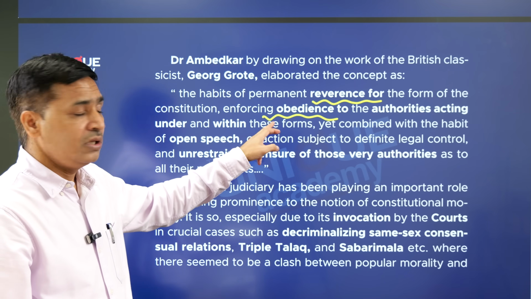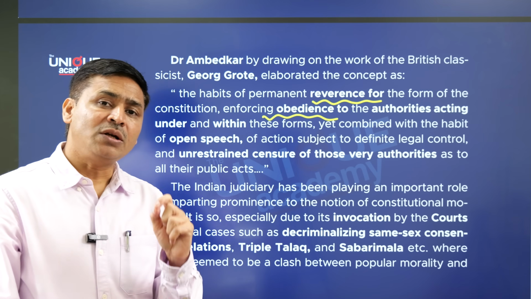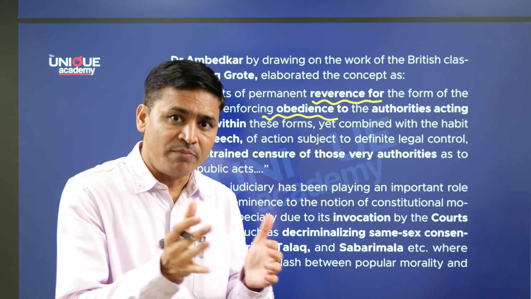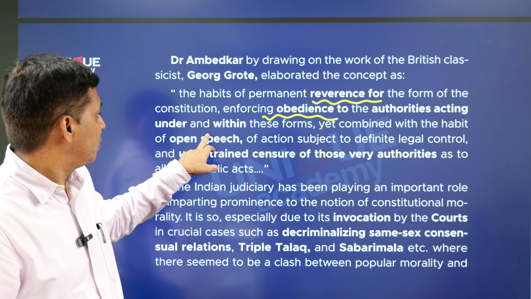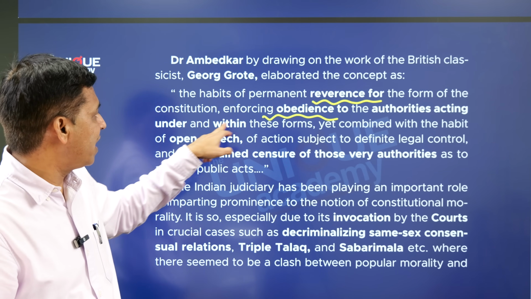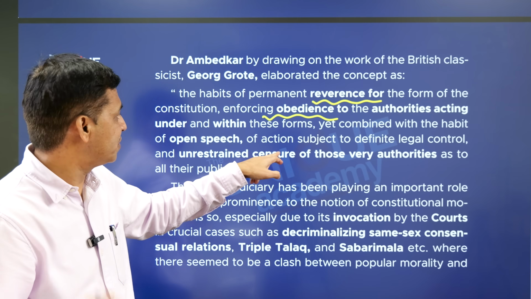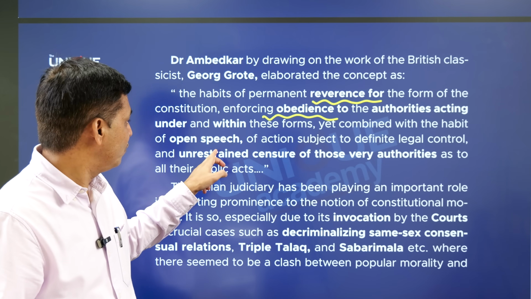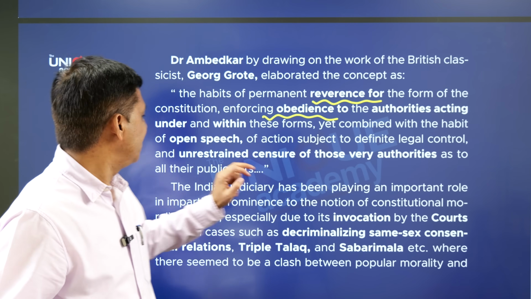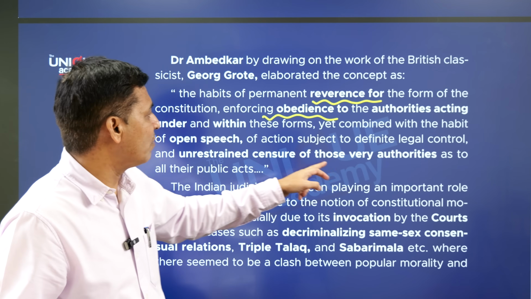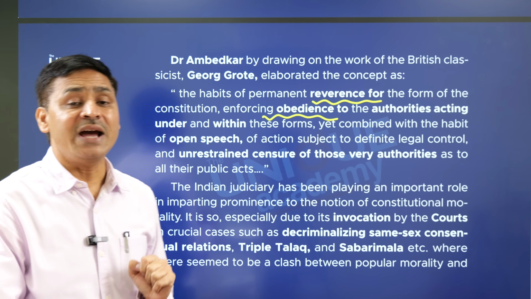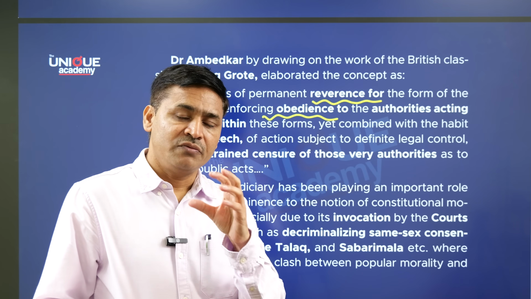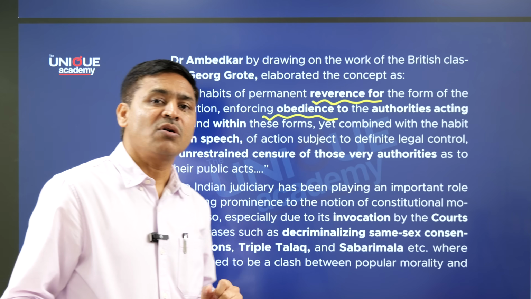Now, you have to obey the authorities, but not those which conduct themselves arbitrarily, but those which operate under and within these forms, that is, the limits of the constitution. Yet, combined with the habit of open speech, that speech is also very important, of action subject to definite legal control, and unrestrained censure of those very authorities as to all their public acts. This is a very interesting statement by Dr. Ambedkar, which captures the gist of the concept of constitutional morality.